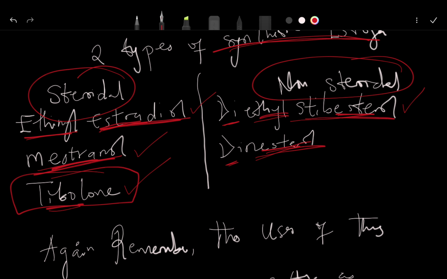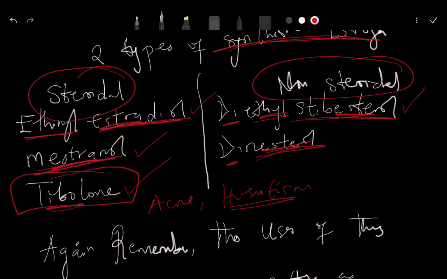And if it acts on testosterone receptors, you can see side effects like hirsutism. Hirsutism is where you begin to see facial hair growth.